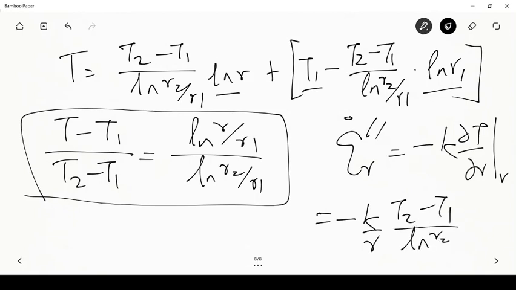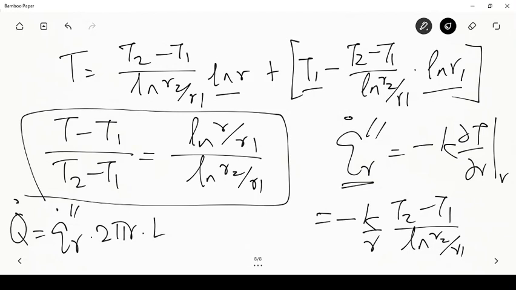Now the heat flow through any plane at any given radius is going to be equal to this multiplied by the area. So q dot is going to be equal to this multiplied by 2 pi r into, let us say, the length L of the whole domain.